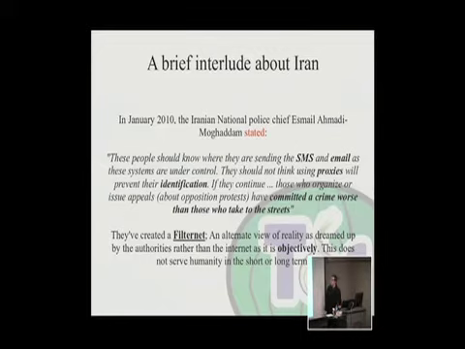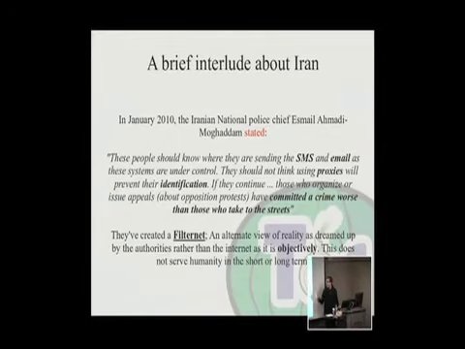So for example, in Iran, the national police chief actually talked about people sending SMSs and emails and using proxies. And he says that proxies won't prevent identification if they continue. Those who organize or issue appeals about opposition protests have committed a crime worse than those who take to the streets. So that's the seriousness with which they treat the internet.